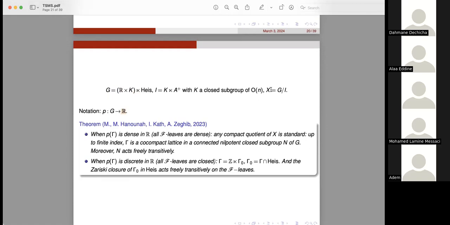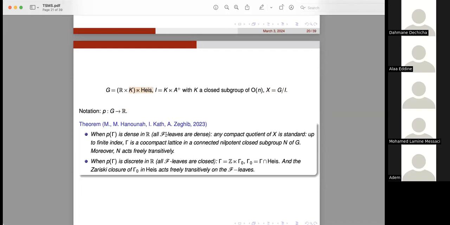Remember that on the homogeneous space X, we have a null parallel vector field defined by the action of the center of Heisenberg, and if I consider its orthogonal, it defines this foliation, which is a totally geodesic foliation generated by the action of K semidirect Heisenberg.